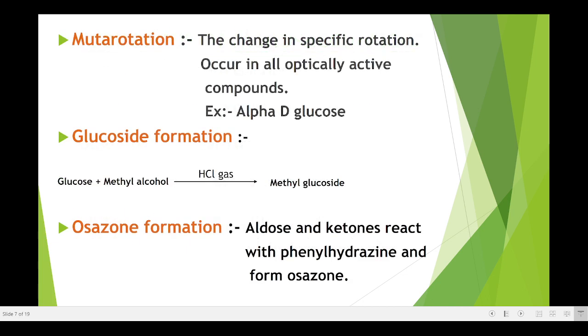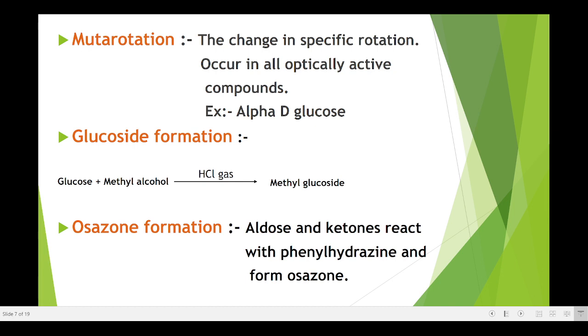The sixth property of monosaccharides is mutarotation. In the previous point, I already told that monosaccharides are optically active compounds. Due to this property, monosaccharides also show mutarotation. Mutarotation means change in specific rotation. Example, alpha D glucose has a specific rotation of plus 112.2.